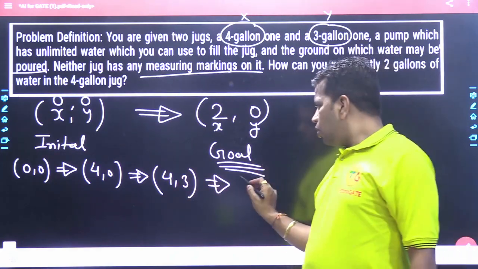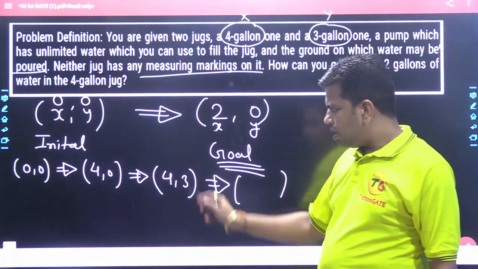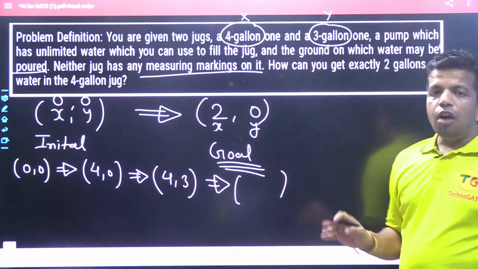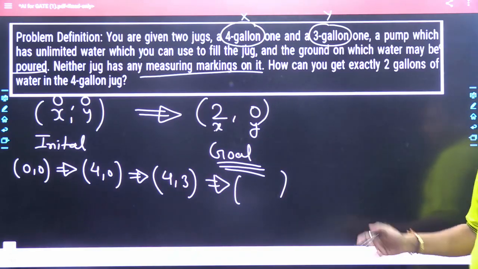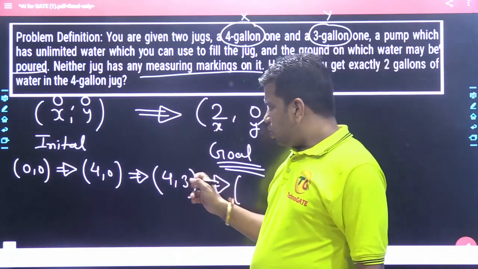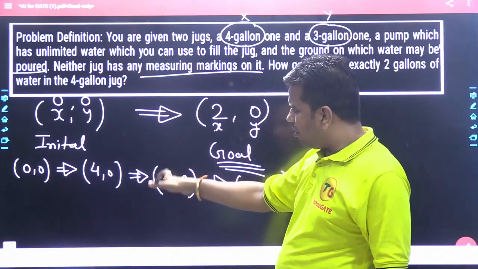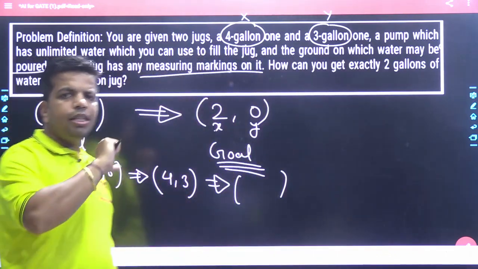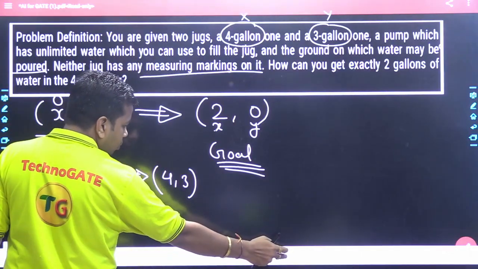Now I can perform some operations to reach the goal earlier. For example, you can empty this jug, you can send this 3 gallon water into the second one. There are multiple ways, but we need to find the smallest way, the minimum number of moves, to easily reach the destination.